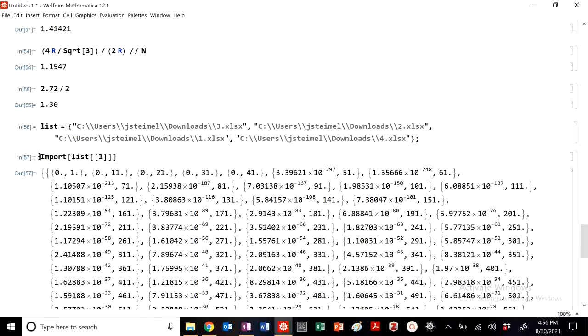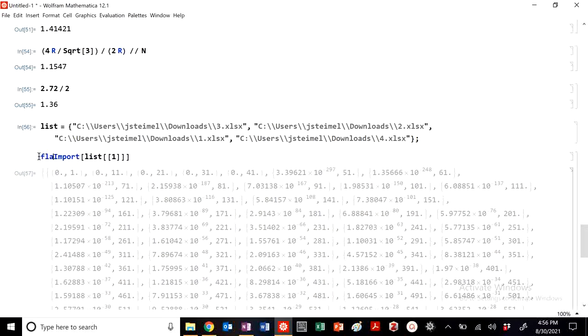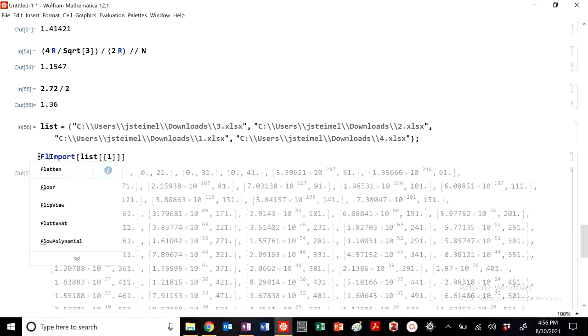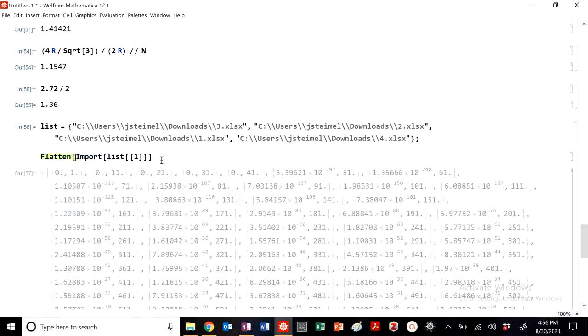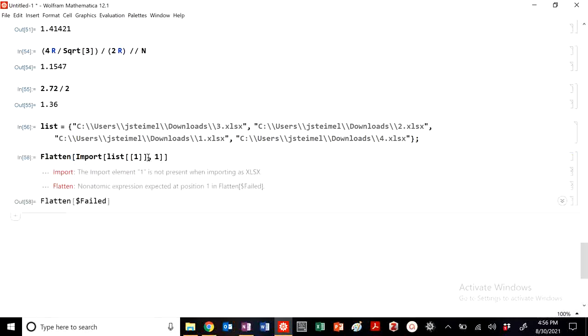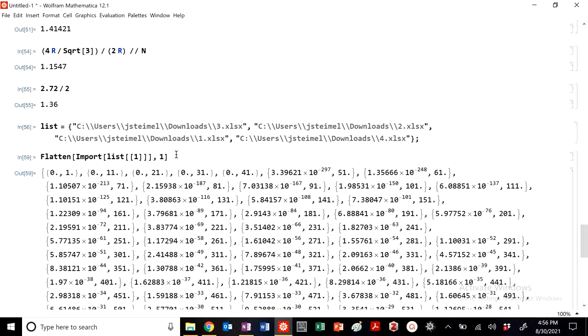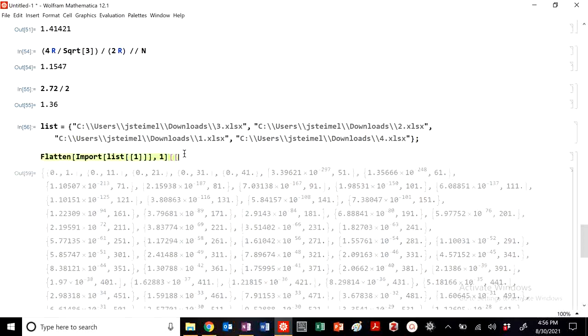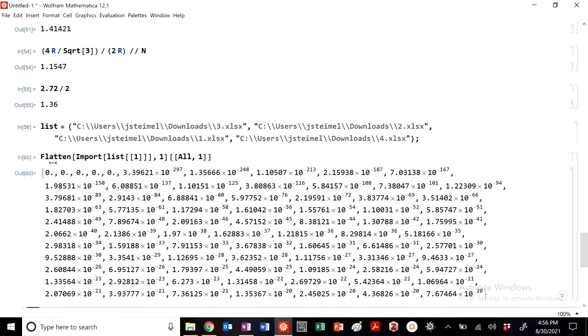I'm going to flatten 1, and I'm also going to do one more. There we go. So I'm going to do all 1. So these are all my concentration of vacancies.